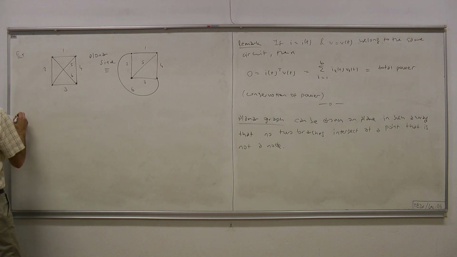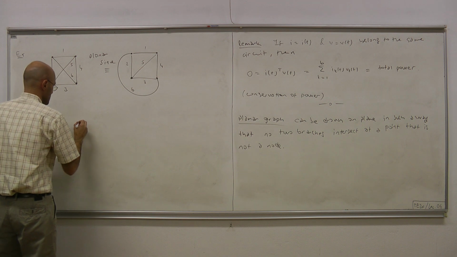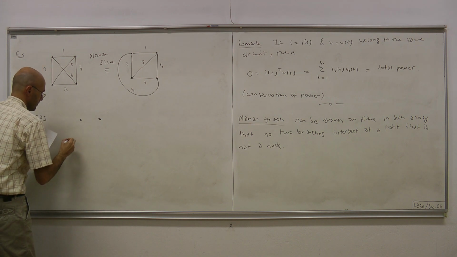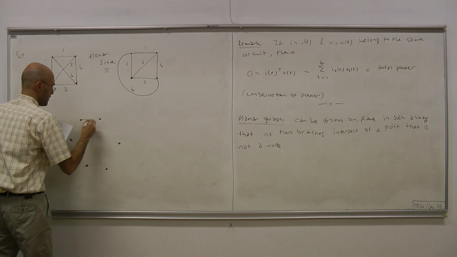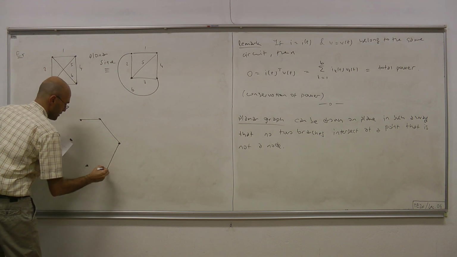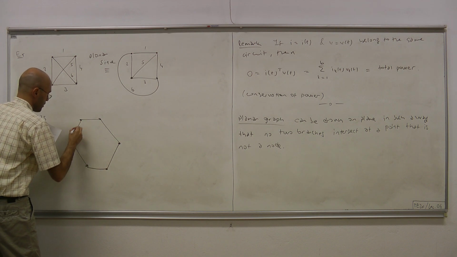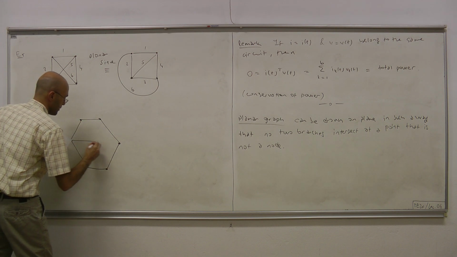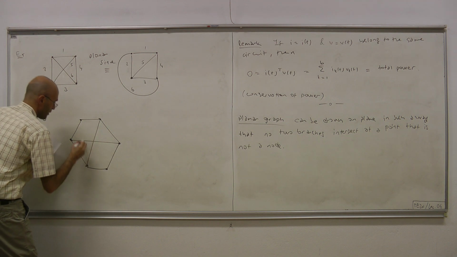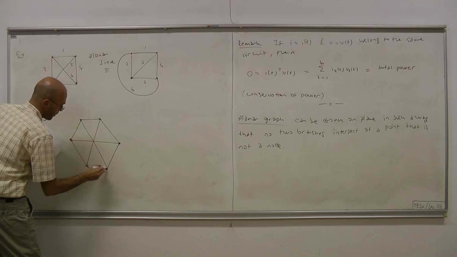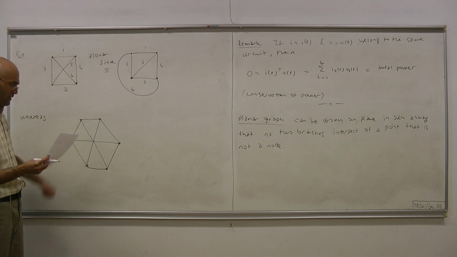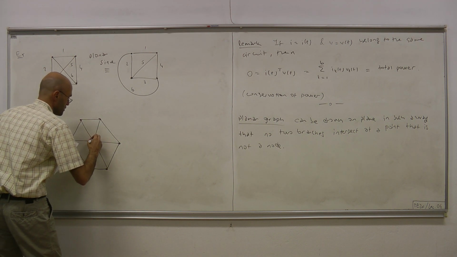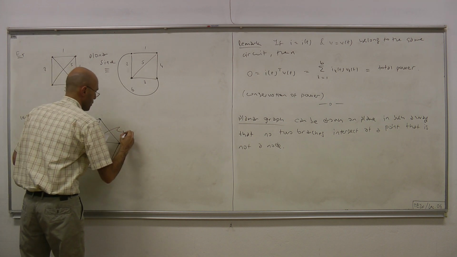Whereas a little bit more complicated example cannot be drawn on a plane by such a simple trick. Okay. Consider this graph with 6 nodes and branches shown, and here we have an intersection, and this is not a node. Okay.